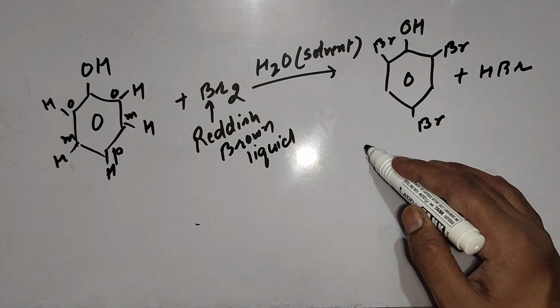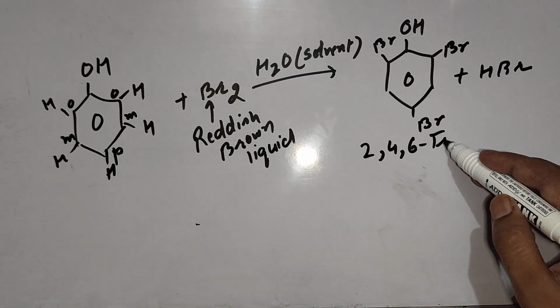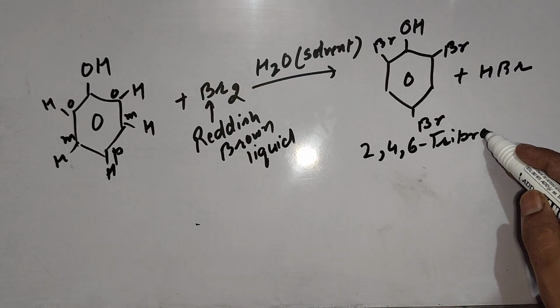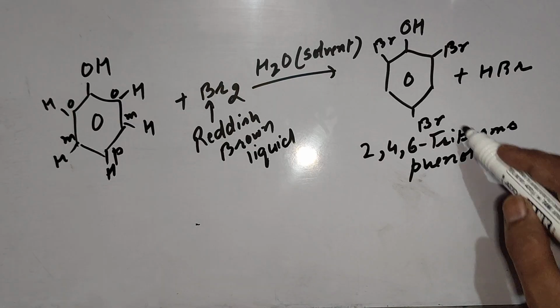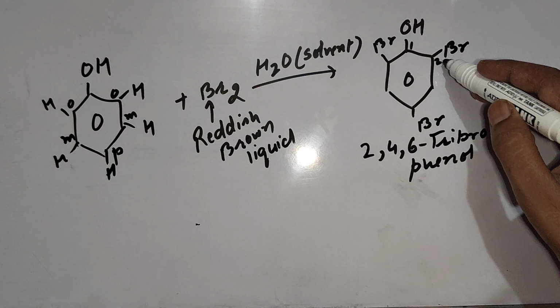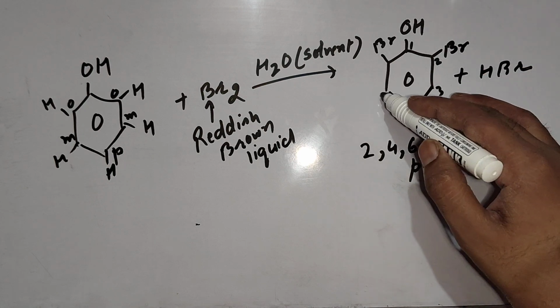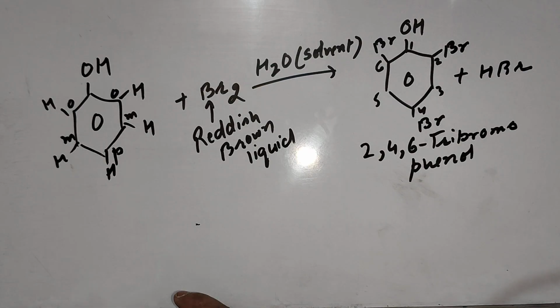The IUPAC name of this product will be 2,4,6-tribromophenol. Numbering will start from here. This is the main functional group, so it gets number one. Side chains will get higher numbers. 2, 4, 6 positions are occupied by bromine, so 2,4,6-tribromophenol.